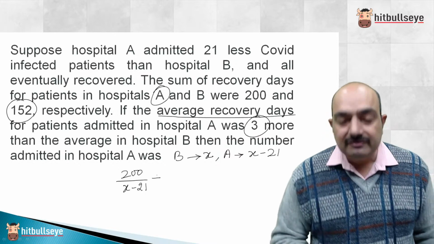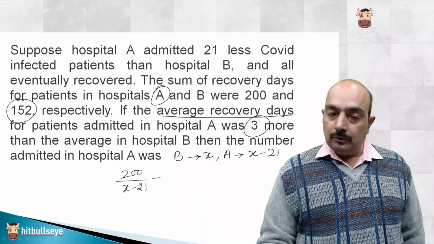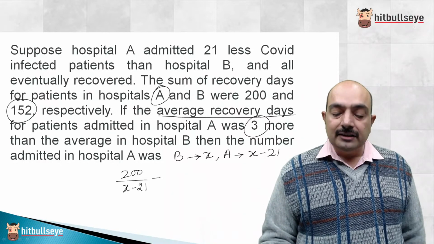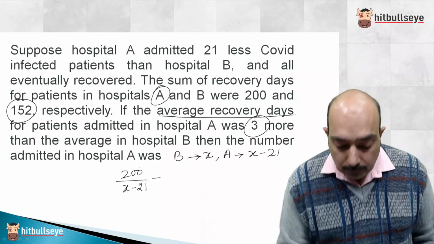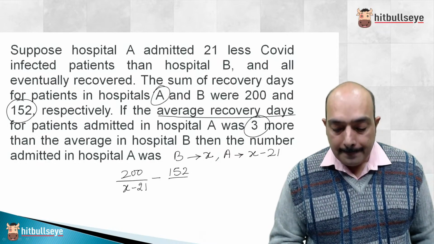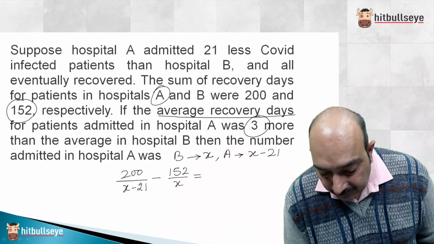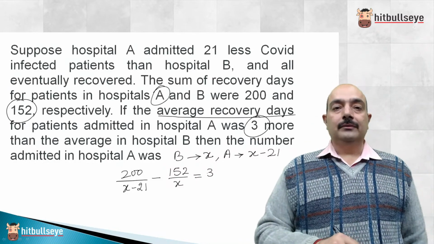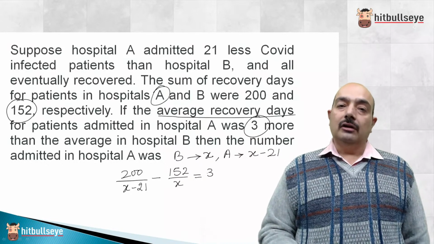It says this value is more than, kindly observe this, 200 is the total recovery divided by the number of patients for A. This is 200 by X minus 21, which is more than 152 upon X, which is for B. And this difference is given to us as 3. Now we need to just solve this equation.